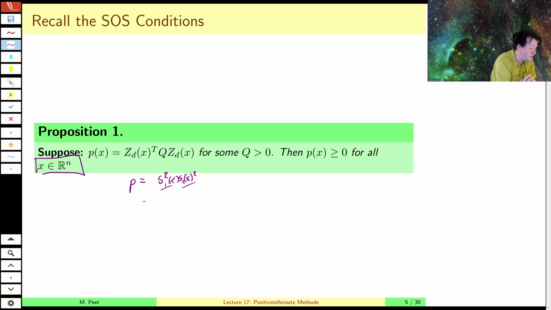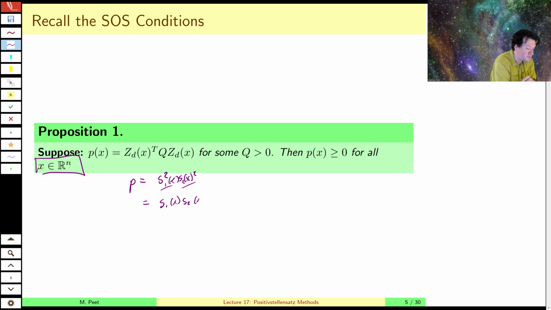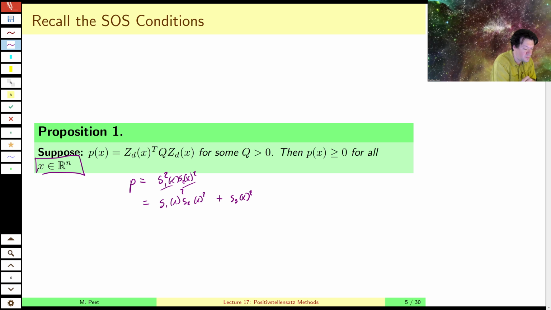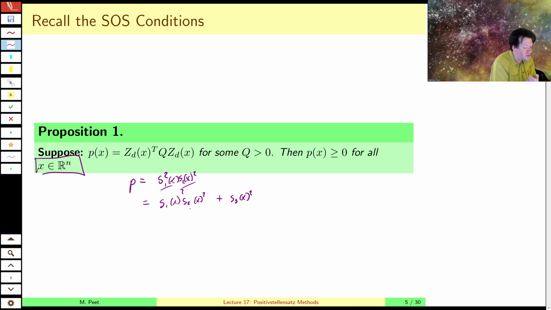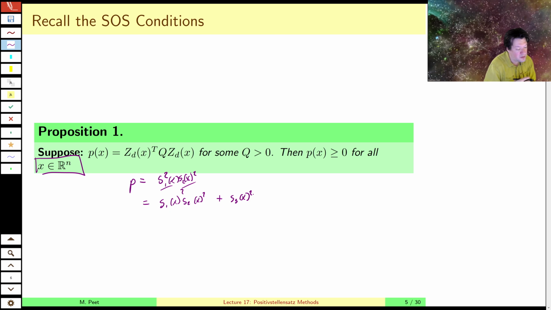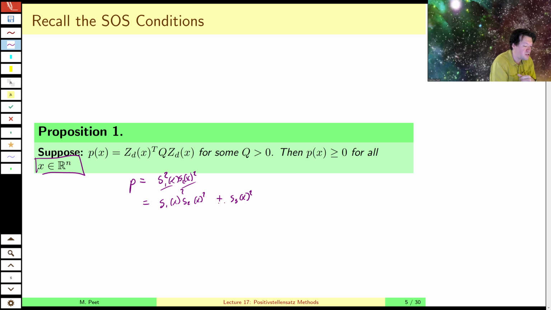Sum of squares: S1 is positive, S2 is positive, therefore this is positive. You add a positive to a positive, therefore the result is positive. Deductive reasoning. Square, multiply squares, add squares.